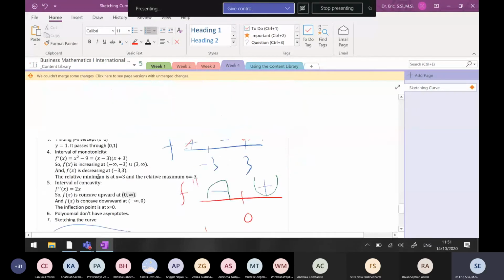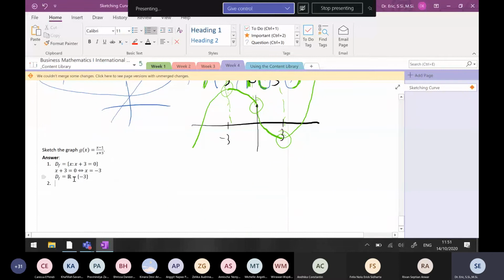After this, intersection points, the intercepts. The easiest, I think, is the y-intercept. When talking about the y-intercept, you should set x equals 0.